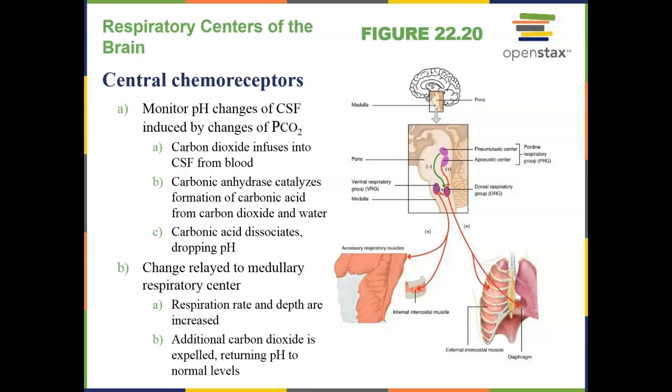And you don't want your pH to drop below 7.35 or you'll be in acidosis. Any change in pH sends a signal to the medullary respiratory center, and this stimulates your breathing rate to increase. That will blow off that carbon dioxide, bringing your pH back up to where it's supposed to be.